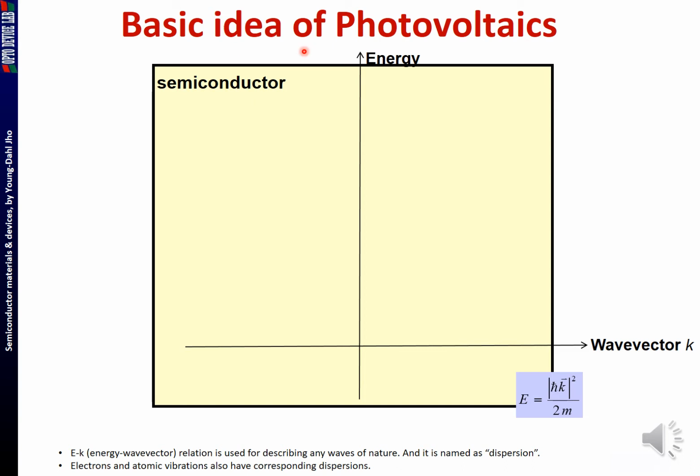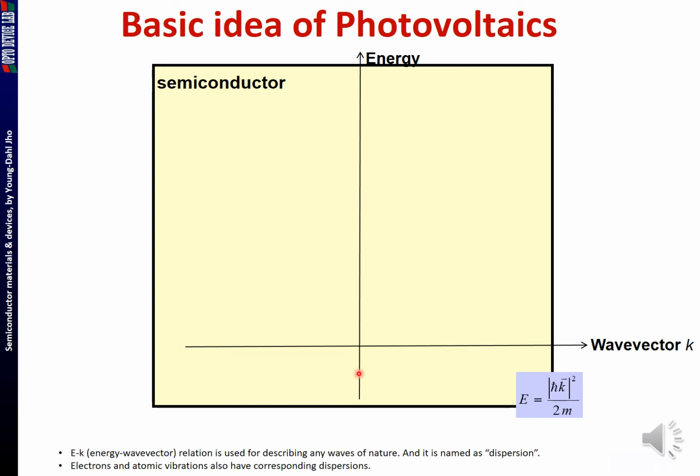So the basic idea of photovoltaics, like solar cells. The meaning of photovoltaics is that photons are turned into voltage. How can you generate voltage? It means positive charge and negative charge are separated in space.